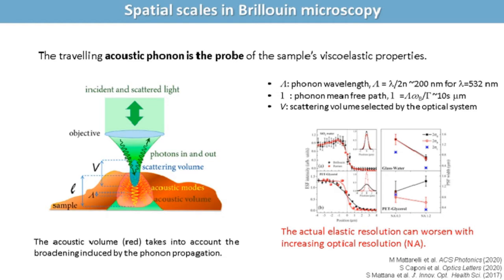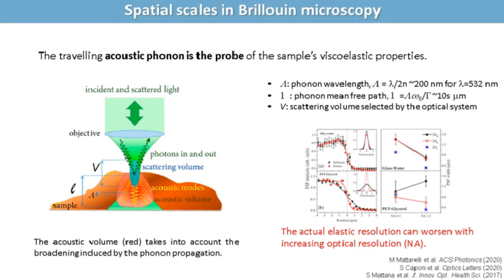So you can end up in a counterintuitive but interesting situation whereby increasing the optical resolution, reflected in a point spread function that for Raman indeed improves in terms of resolution, worsens the elastic resolution. And this depends on the material itself.